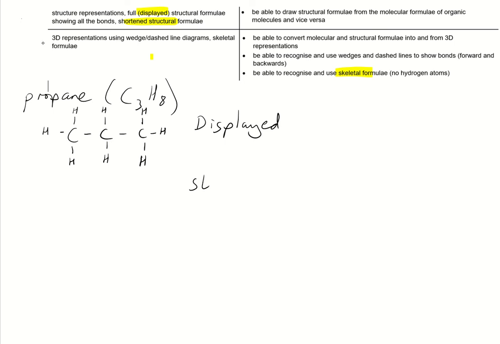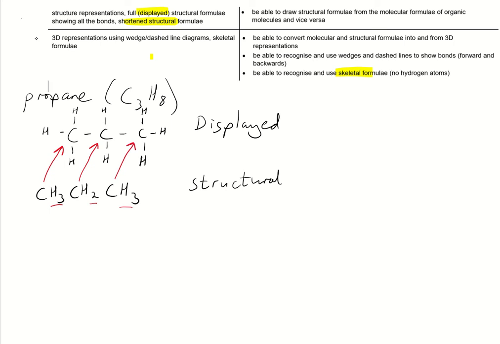The structural, shortened one. Now with this, I can cut that down by just getting rid of the bonds within it. And as you can probably see, each of the carbons is connected to the hydrogens around it: this carbon to 3 hydrogens, then the carbon connected to 2 hydrogens, and the final carbon connected to 3 hydrogens.